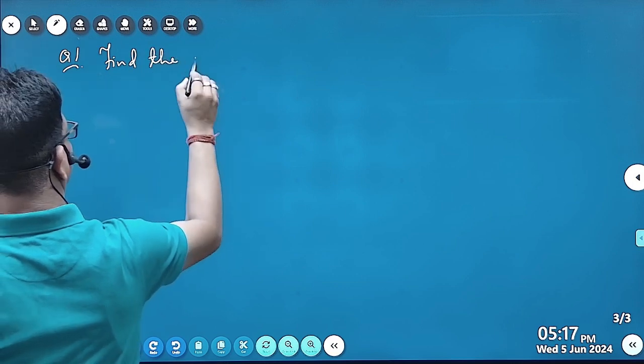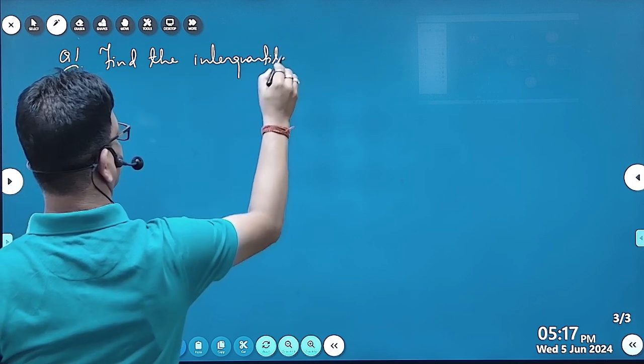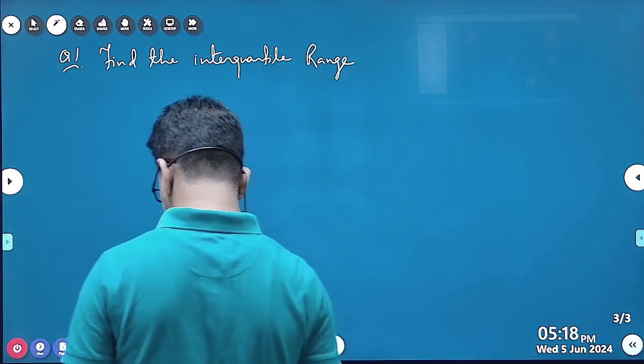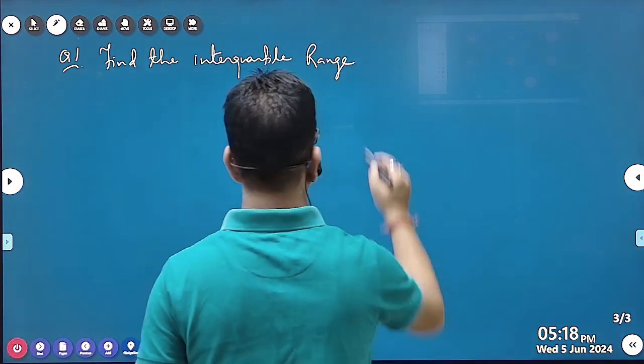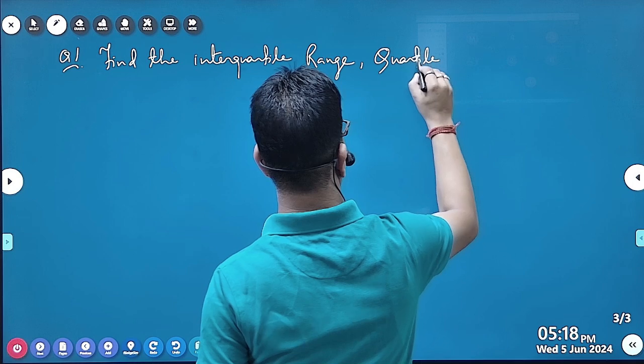Find the interquartile range, quartile deviation. Any one comes in the exam, not all.